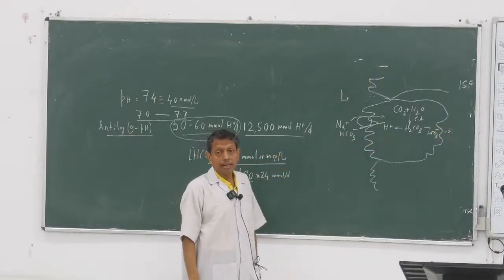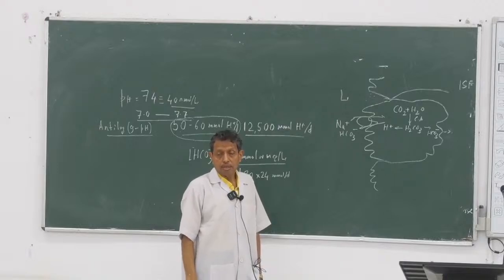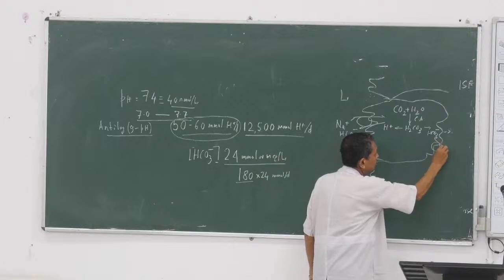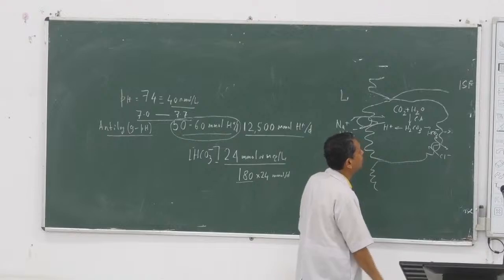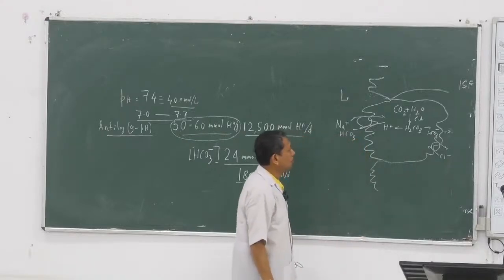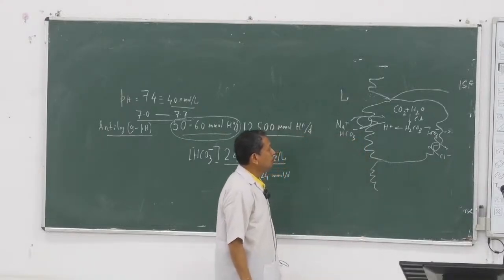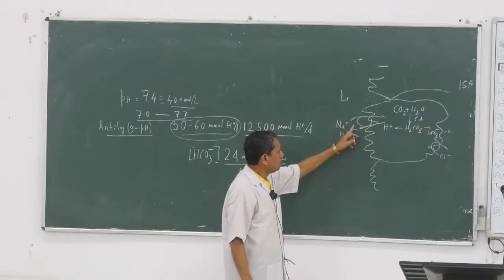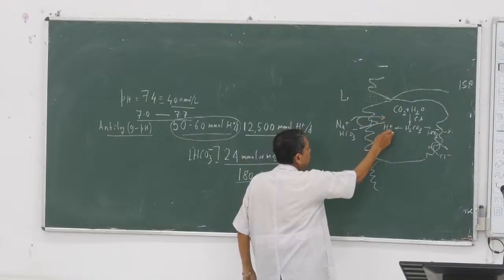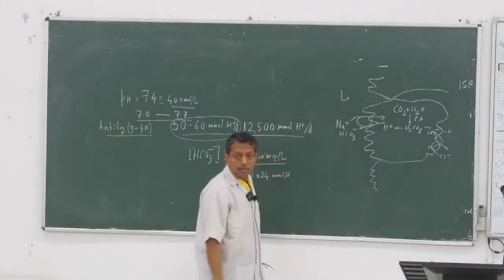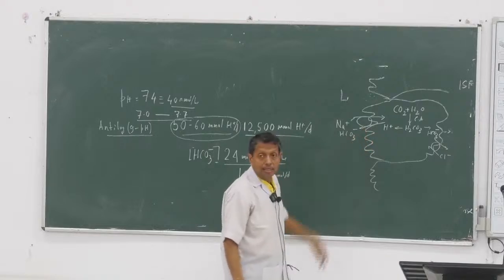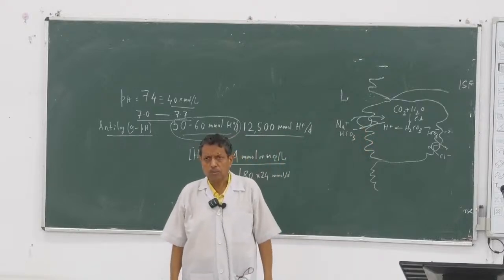Or there is an exchanger, band 3 protein. It is eliminated against the chloride ion. Band 3 protein. Now, what is the fate of this hydrogen ion in the lumen and in the brush border area of the luminal side of the proximal tubule?